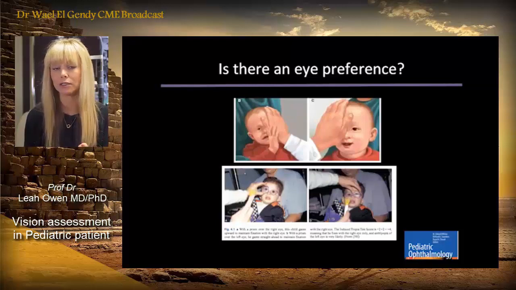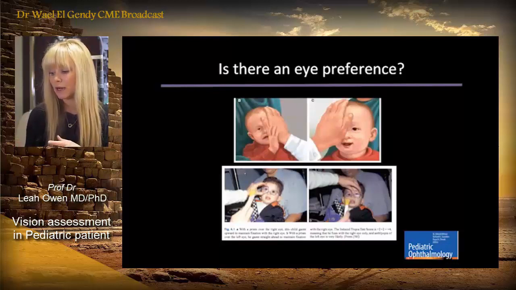So if a child has, under binocular conditions with both eyes open, if the eyes are not straight, then the eye looking straight ahead and fixing on the target is the dominant eye. That can alternate, or it can be the same all the time, and that's an important thing to assess. But it's trickier when the eyes are straight. You still have to answer whether there's a dominant eye.